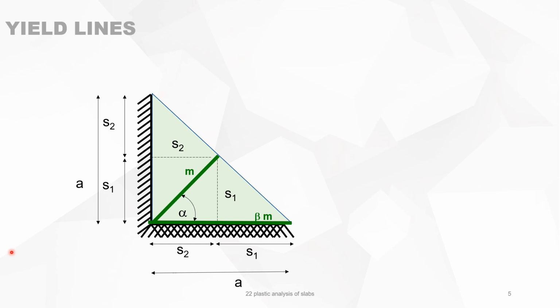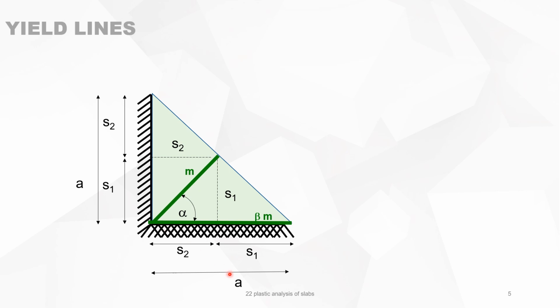Just to demonstrate where this rule is coming from, we will take a corner slab with one side clamped and the other side simply supported. Then we have two yield lines, a yield line M with an angle alpha and a yield line beta M with a plastic bending moment beta M on the side of the fixed edge.